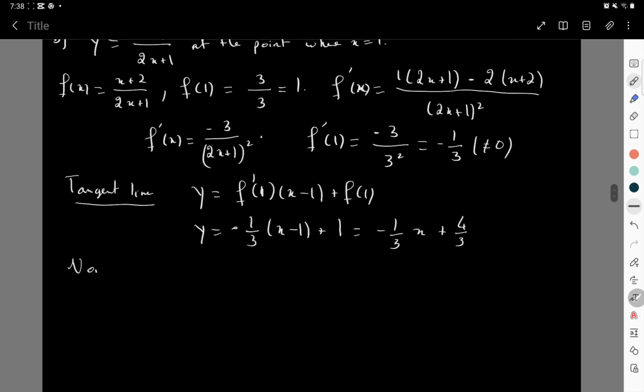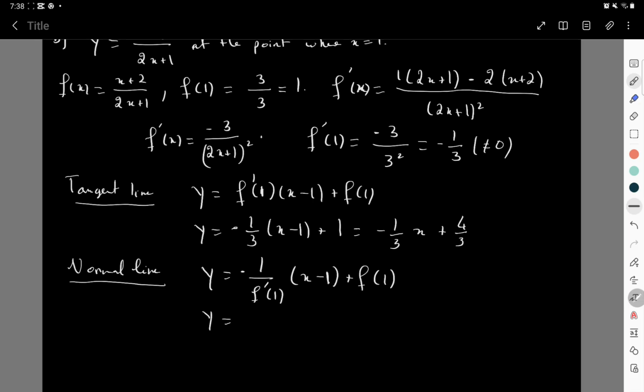Now the normal line. Well, f prime of 1 is non-zero. So the normal line has slope minus 1 over f prime of 1, times x minus 1 plus f of 1. So minus 1 over minus 1/3, this is 3, right?